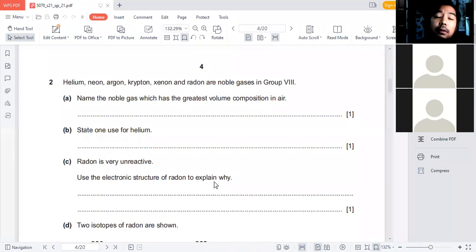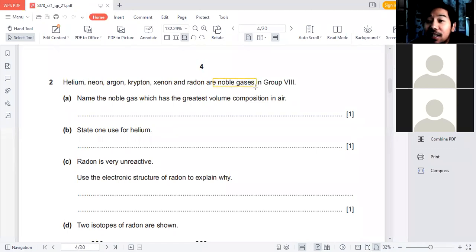For question number 2, we talk about helium, neon, argon, krypton, xenon, and radon, the noble gases, group 8 or group 0. The reason we call them noble gases is that they do not mix with others.